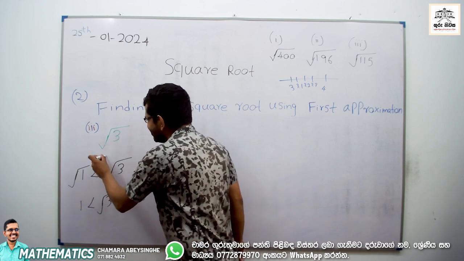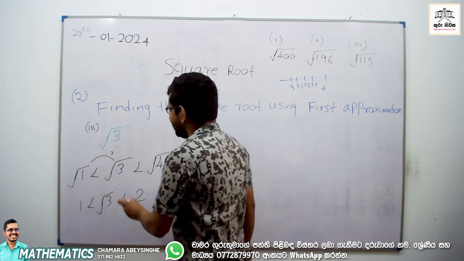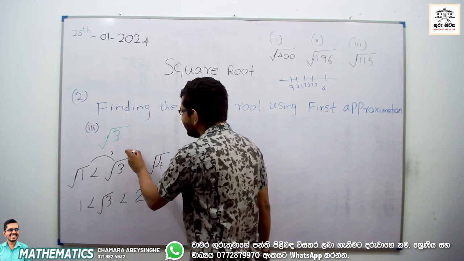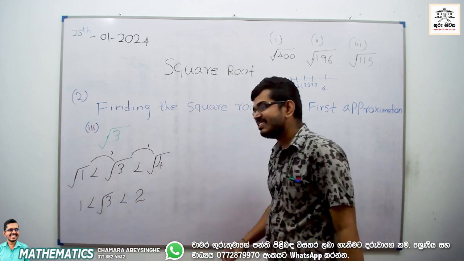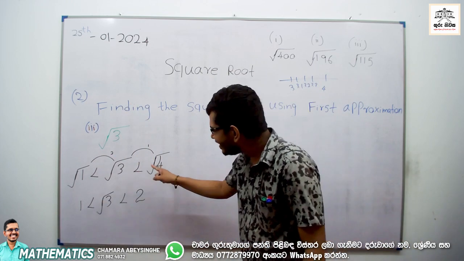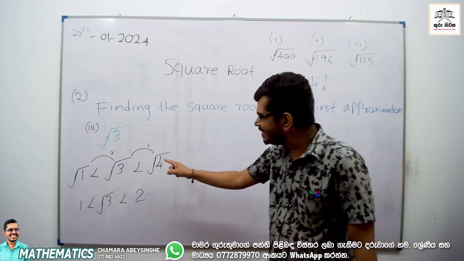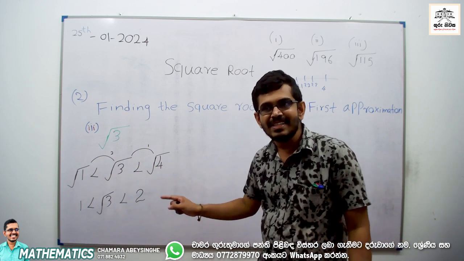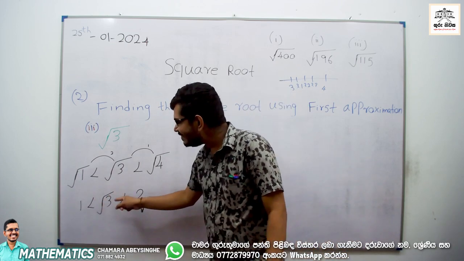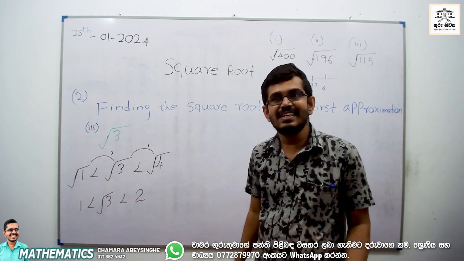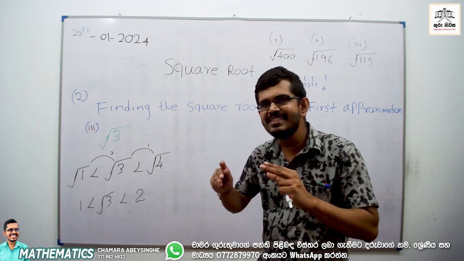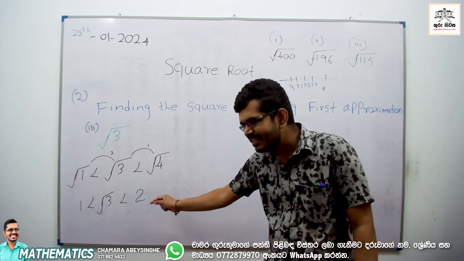The difference between 1 and 3 is 2. The difference between 3 and 4 is 1. The nearest one to 3 is 4. That means the square root of 4 is 2. So the value of the square root of 3 is near 2.